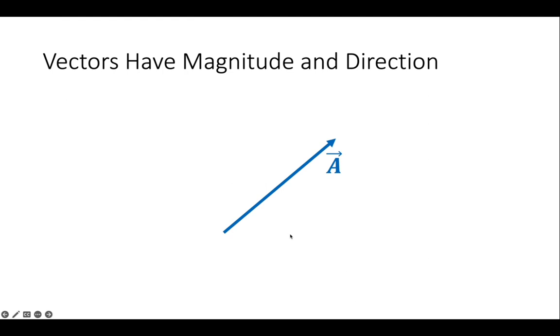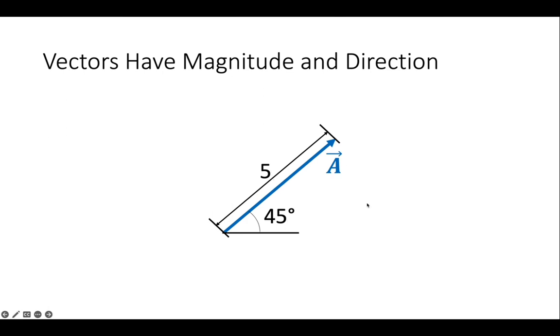So for example, let's say that in some unit system, this vector A is 5 long. So here this vector has a magnitude of 5, and it's pointing, let's say, at 45 degrees from horizontal. So here I have a horizontal line segment, and you can see that vector A is 45 degrees counterclockwise from this line segment. So I've specified the magnitude and direction of this vector A.